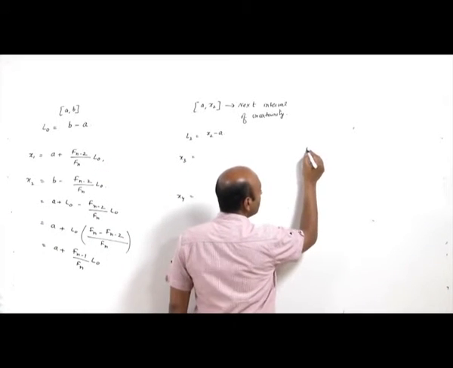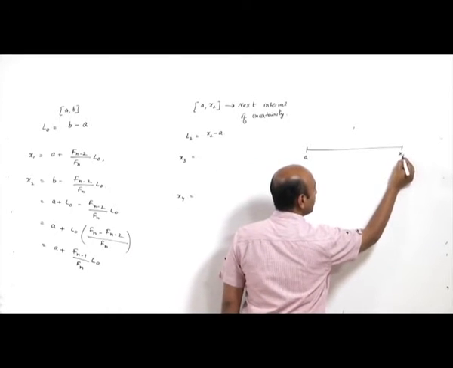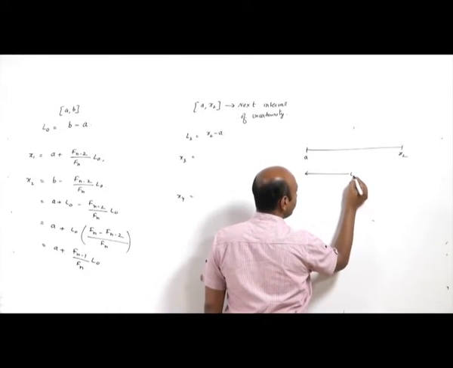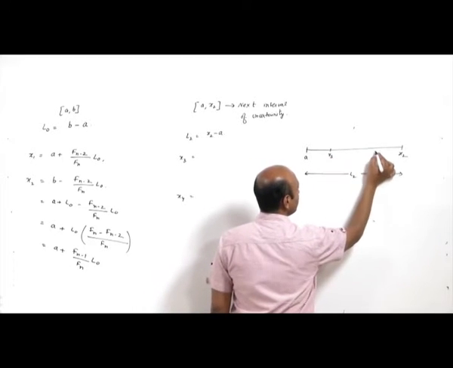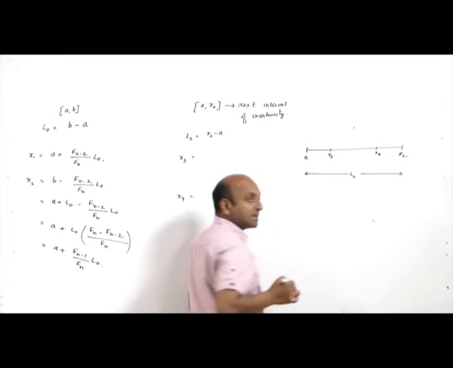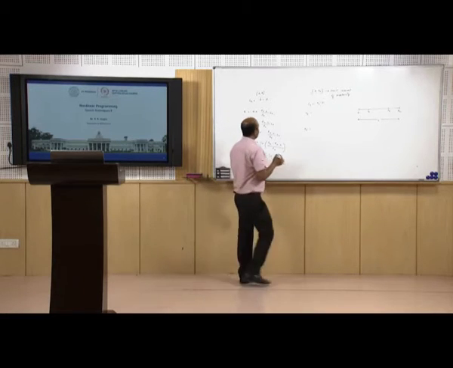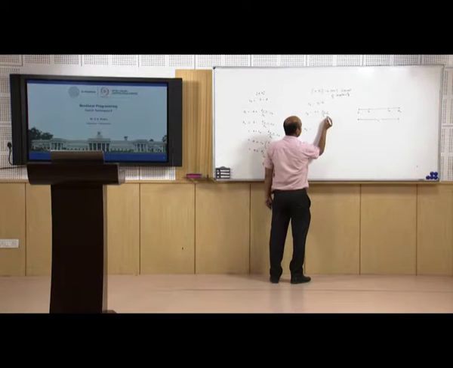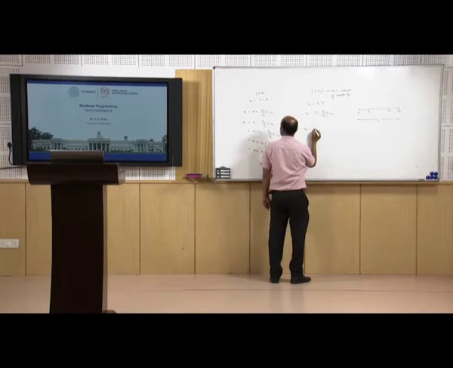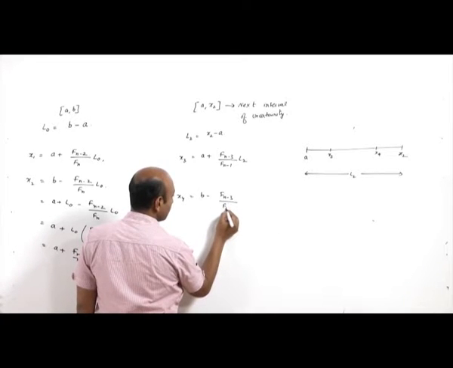So, now the length is a to x2 and this length is L2. Now, again we find two new experiments, say x3 and x4, such that they are placed symmetrically from the endpoints again. And x3 is equal to a plus Fn minus 3 upon Fn minus 1 into L2, and it is also b minus Fn minus 3 upon Fn minus 1 into L2.